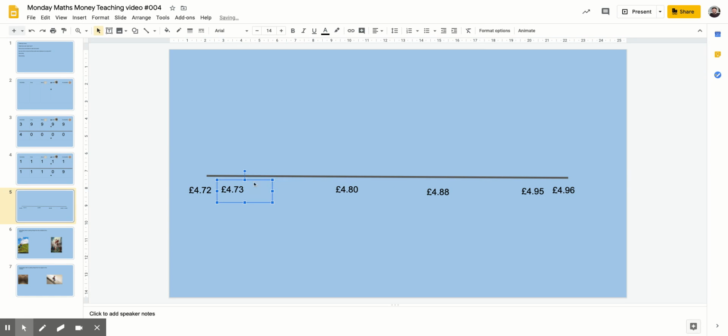I think that one needs to go a bit further over there, like that. Now you'll notice I didn't put the £4.88 really close to the £4.80 because I needed to leave some room for £4.81, £4.82, £4.83, etc. I put it in the middle and tried to guess where it would go on this number line. Okay, so that was placing digits in between the two values at either side.